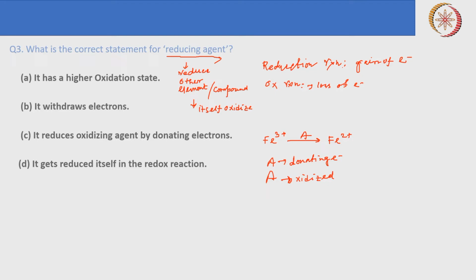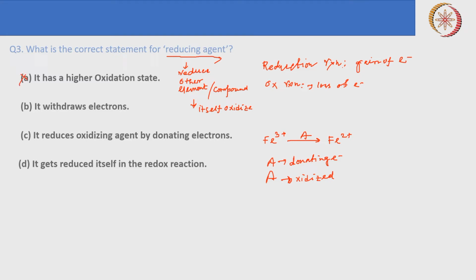And if you see the Fe3+, it is in a higher oxidation state, so it goes to the lower oxidation state. That means the oxidizing species is accepting the electron. Now we will see the options. The first option says it has a higher oxidation state.